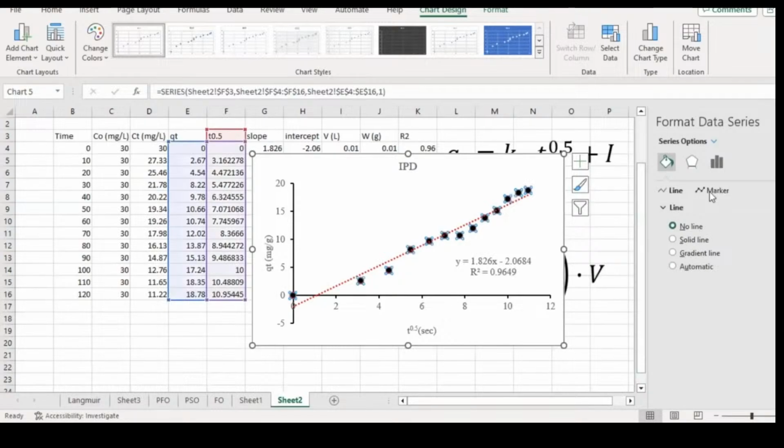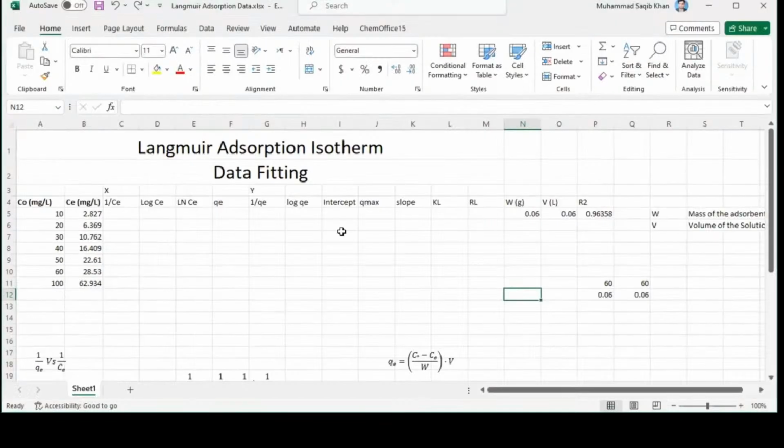Today we will learn about fitting the data into Langmuir adsorption isotherm. This is a series of lectures in which we will fit the data into different adsorption isotherms. Our next lecture will be about data fitting in Freundlich isotherm.